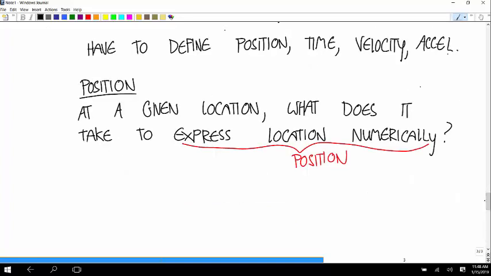Well, the first thing that it takes, and let's say we've already decided we're going to do our calculations in meters or whatever, we have a length scale. But first it takes a default location that we're going to call 0, a reference location.